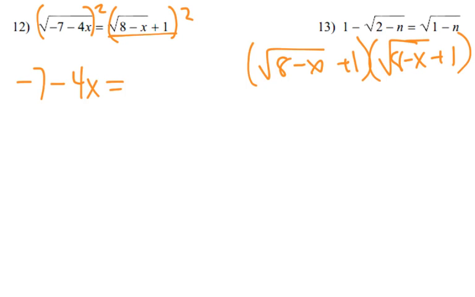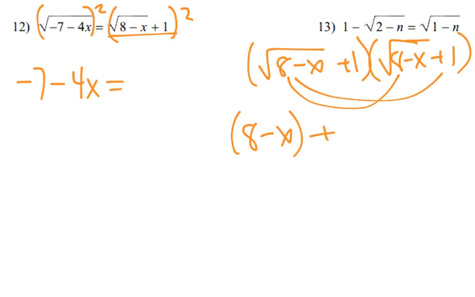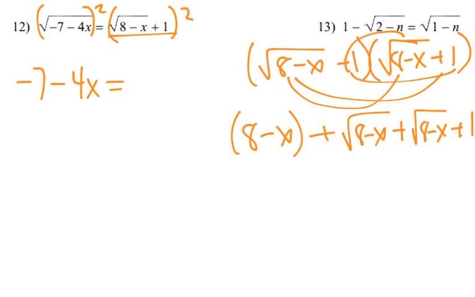Okay, so square root of 8 minus x times square root of 8 minus x gets rid of our radicals, and we're left with 8 minus x plus square root of 8 minus x times 1 plus square root of 8 minus x times 1, which is square root of 8 minus x. Then 1 times 1 is 1.